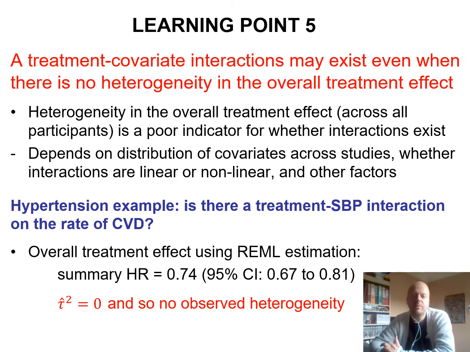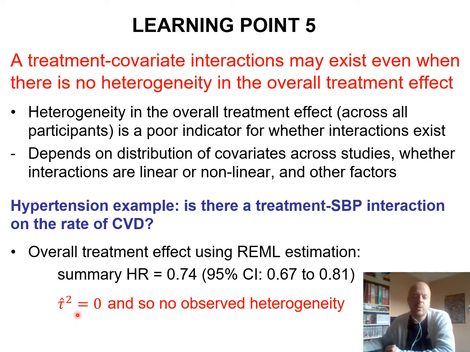So for example, let's go back to the hypertension data, where we examined whether hypertension treatment has a beneficial effect on the rate of cardiovascular disease, so a time-to-event outcome. When we looked at the overall treatment effect across all participants, across all studies, the summary hazard ratio was 0.74. So clearly there's a reduction in the rate of cardiovascular disease if you're taking antihypertension treatment compared to control.